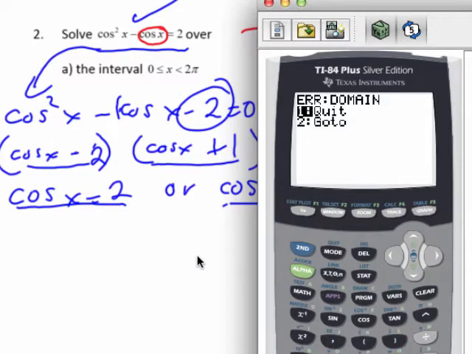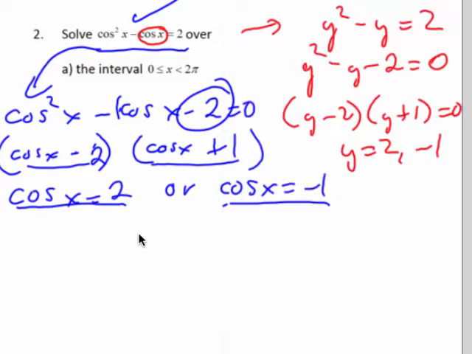So something's wrong, either with the way we entered it or the concept. And the problem is that cosine, we know, is the x coordinate on the unit circle. Well, on a unit circle, the radius is 1, so there's no way you can have a cosine or sine value more than 1. So that makes sense that there is no answer to this. So, no solution to this section.